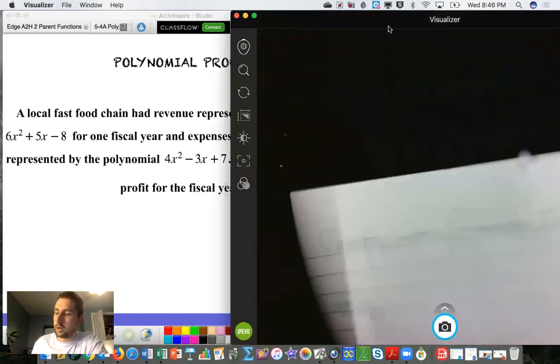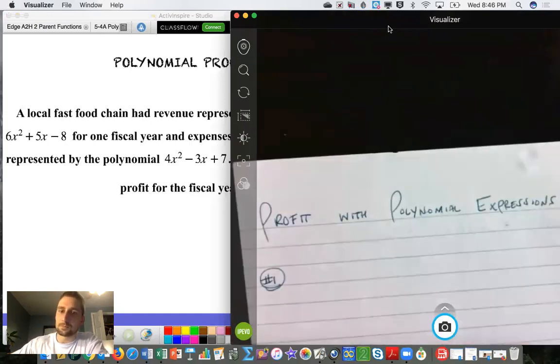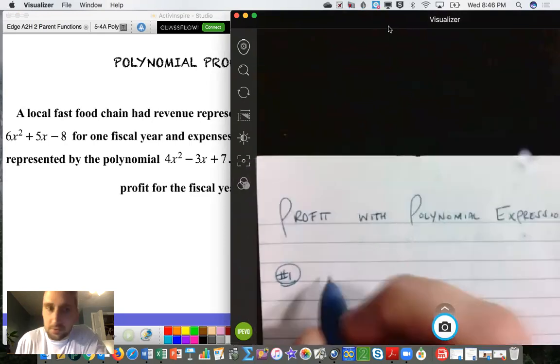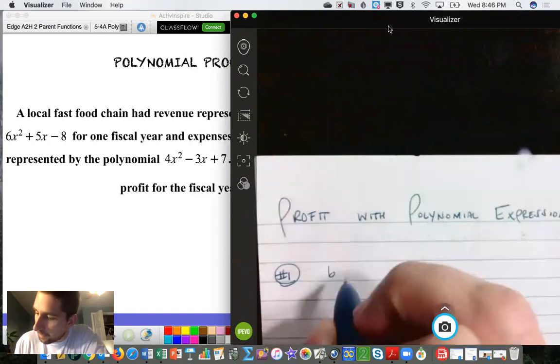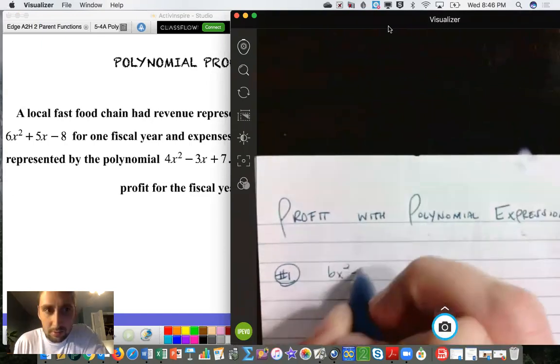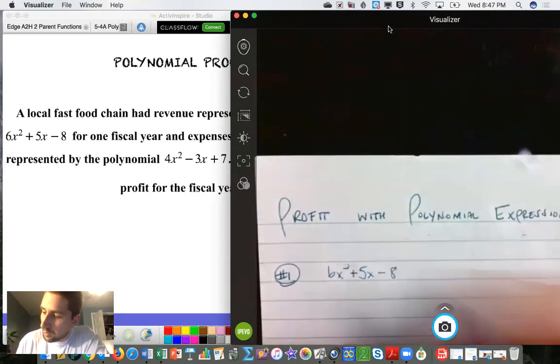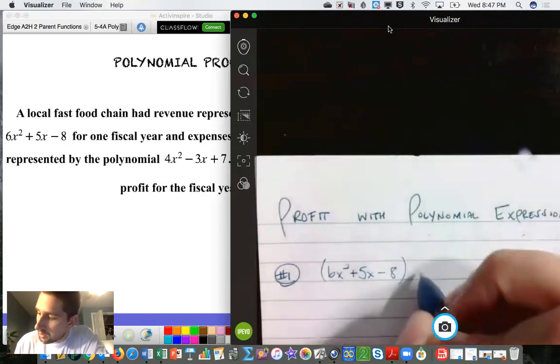So all I'm going to do here is write down my two polynomials. I have 6x squared plus 5x minus 8. I'm going to wrap that trinomial in parentheses. That's my revenue.